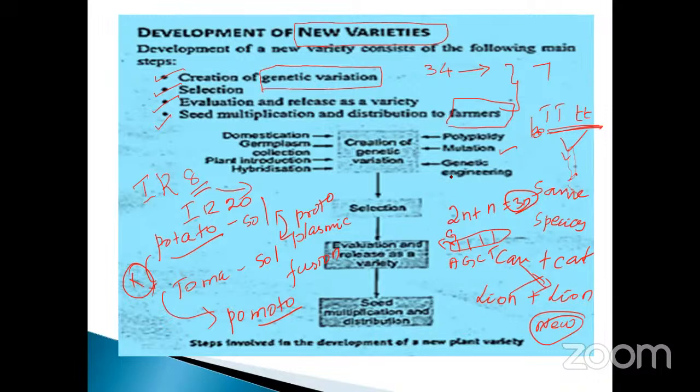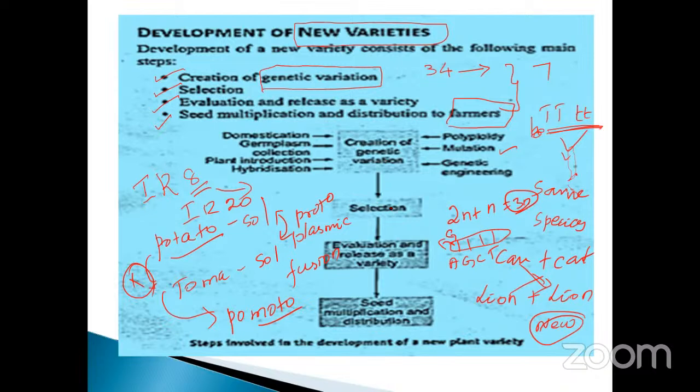Genetic engineering is a man-made process of selection. Already we discussed genetic engineering, different classes, different plants, different animals. We can select the particular gene responsible for the production of whatever it may be: antibiotics, insulin, hormone, whatever it may be. You have these things, all essential for the creation of genetic variations.